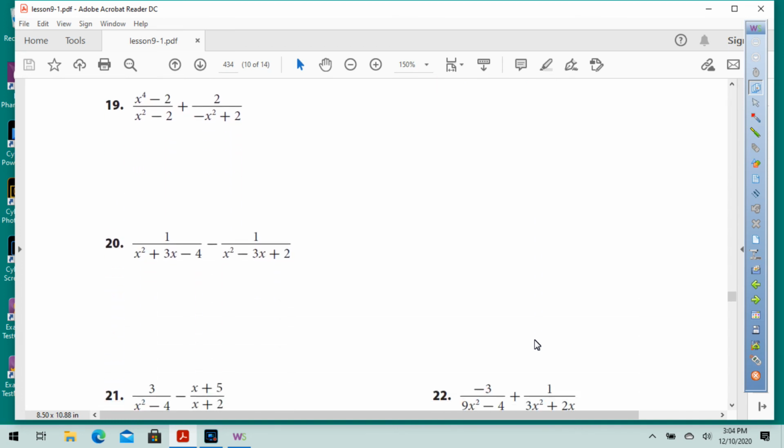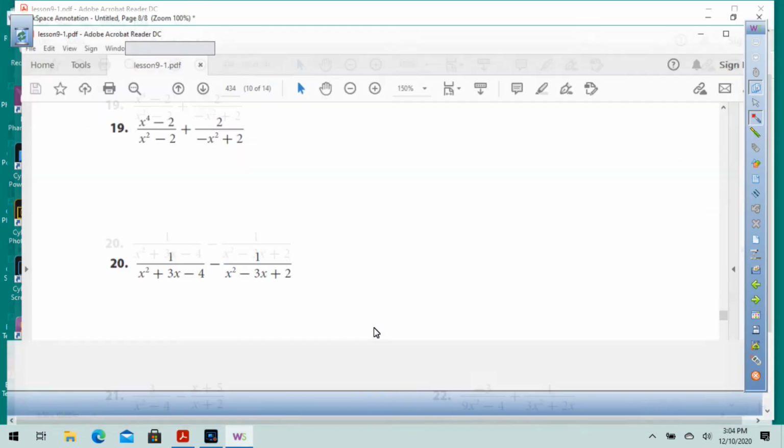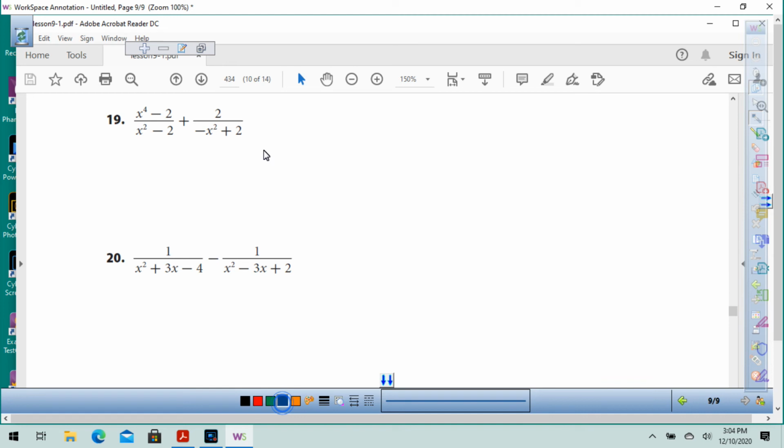This looks like fun. Now I'm looking at this, I got x squared minus 2 and negative x squared plus 2. What does that tell me? Let's take a look at it.